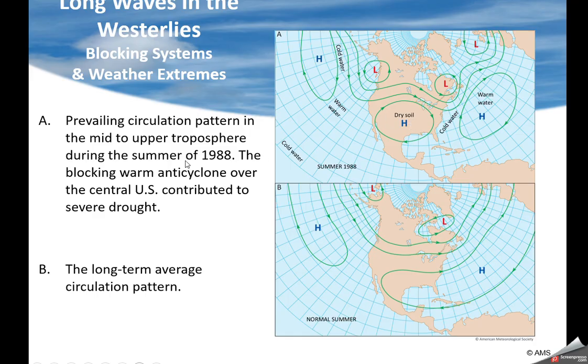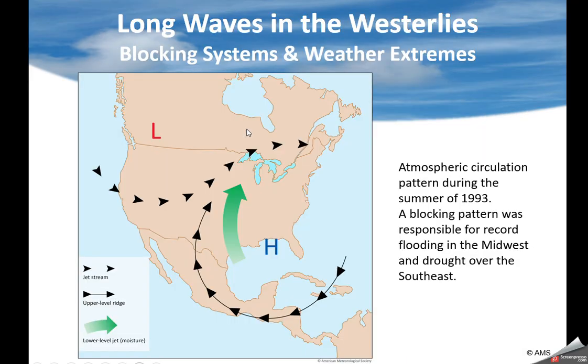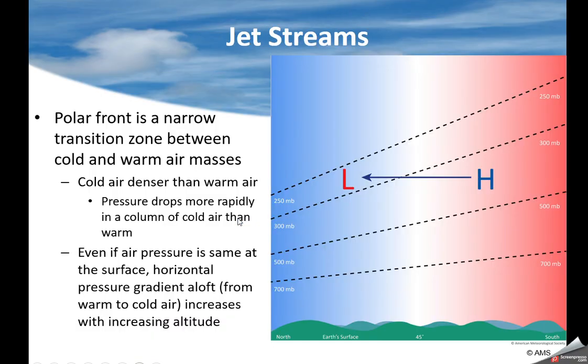This developed in the summer of '88 with almost record heat out here and lots of cooler weather in New England. Here was another blocking pattern in '93. This produced some record rainfall, tremendous flooding along the Mississippi River, lots of severe weather.